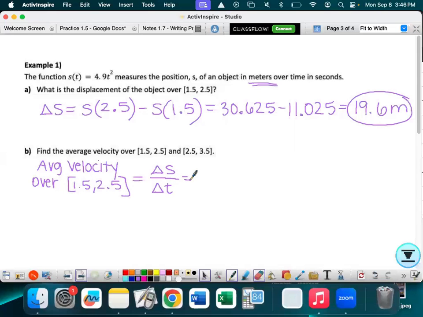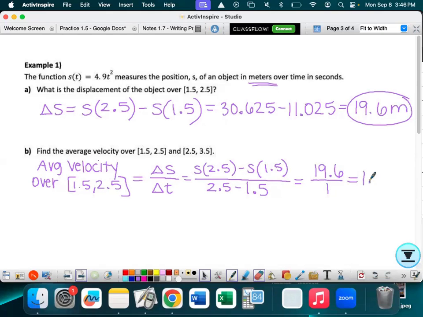So we're looking at S of 2.5 minus S of 1.5 over 2.5 minus 1.5. You'll do a similar thing for the next interval. Luckily, we already calculated this displacement in part A, so I know the numerator is going to be 19.6. And the denominator, well, 2.5 minus 1.5 is 1.